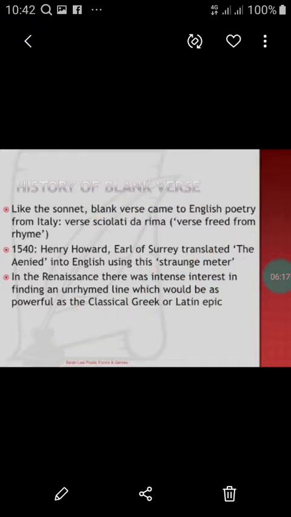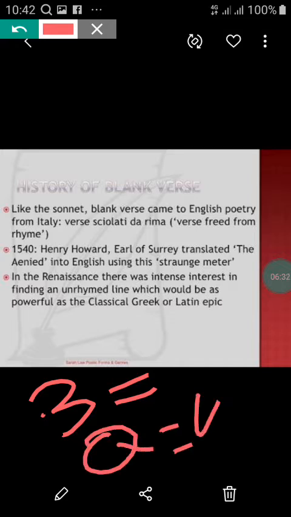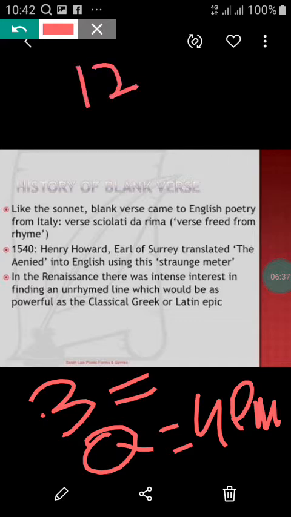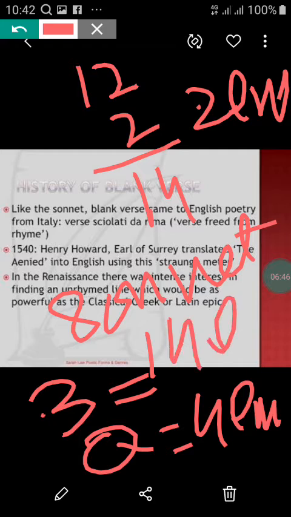So the Italian sonnet was in this format, but later, when it comes to Shakespeare, he made three quatrains. So what is a quatrain? Let me tell you. One quatrain equals four lines. So if there are three quatrains, they will be 12 lines. Then a two-line couplet, so further two, it will be 14. So a sonnet is equal to 14 lines.